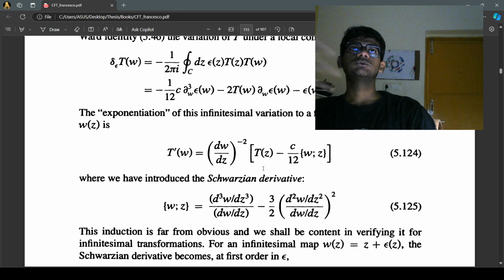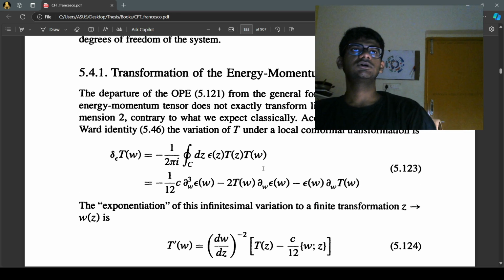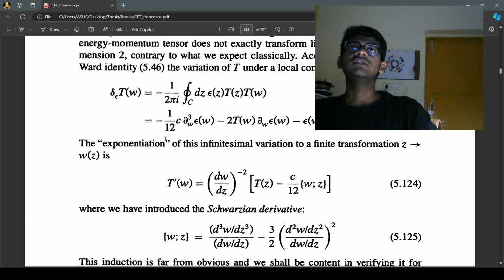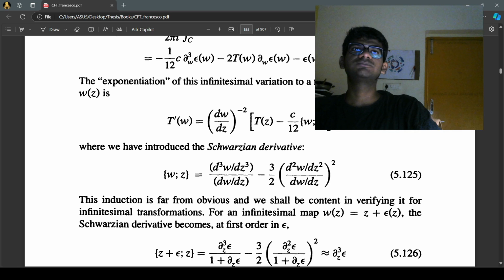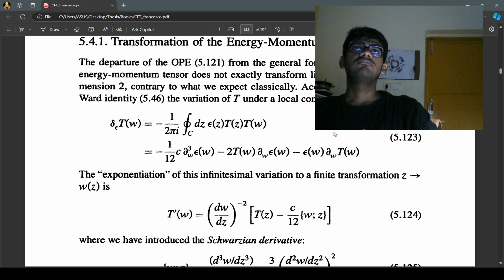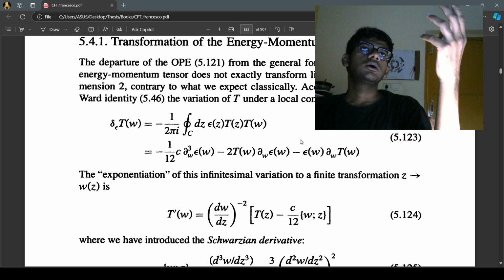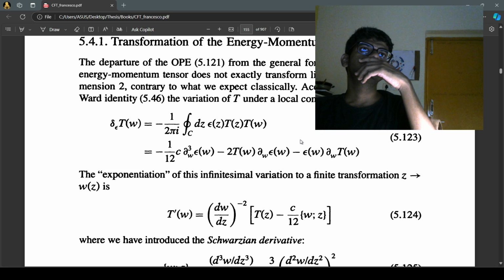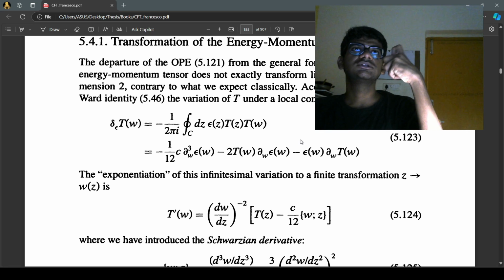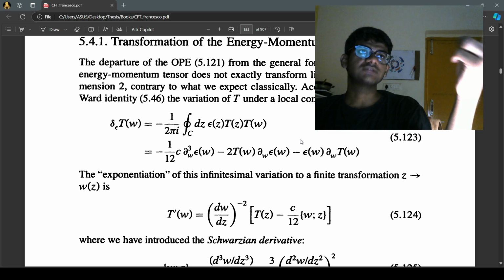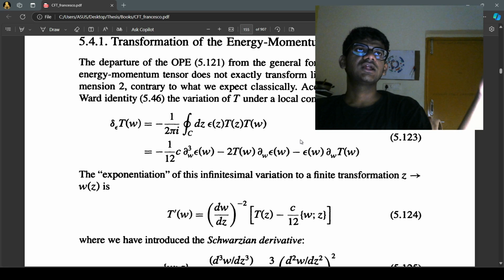And so we now generalize this. You consider the conformal Ward identity and evaluate the variation, then you exponentiate this. So basically, for the Z to W mapping, you want to know how your EM tensor transforms, right? So it does not transform like a primary field, but in some different way.